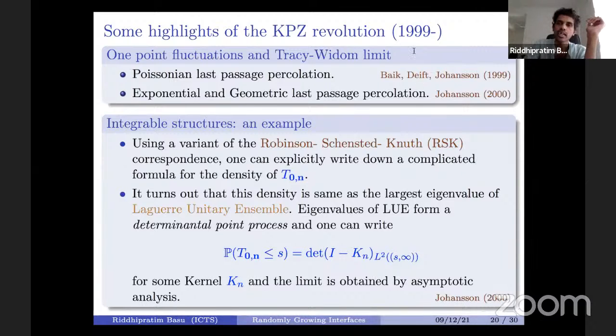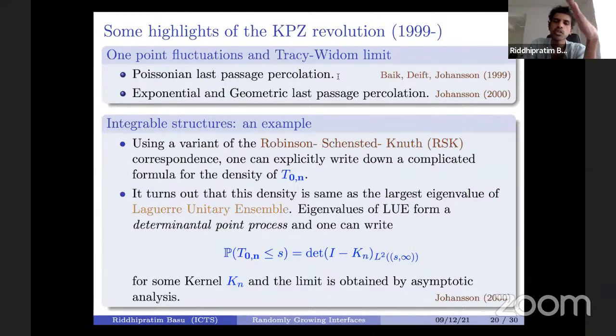So the story starts, at least as far as the rigorous mathematics is concerned, with the seminal paper by Jinho Baik, Percy Deift, and Kurt Johansson in 1999, where they obtained this n to the 1/3 fluctuation and this Tracy-Widom limit for the Poissonian last passage percolation.